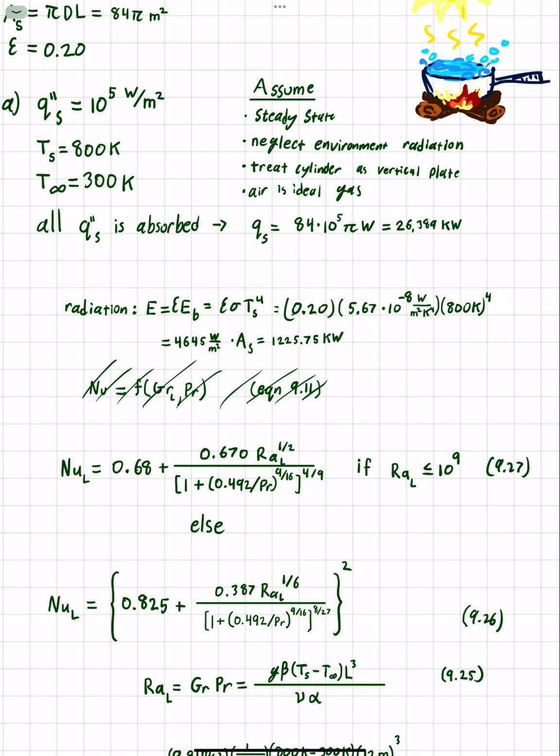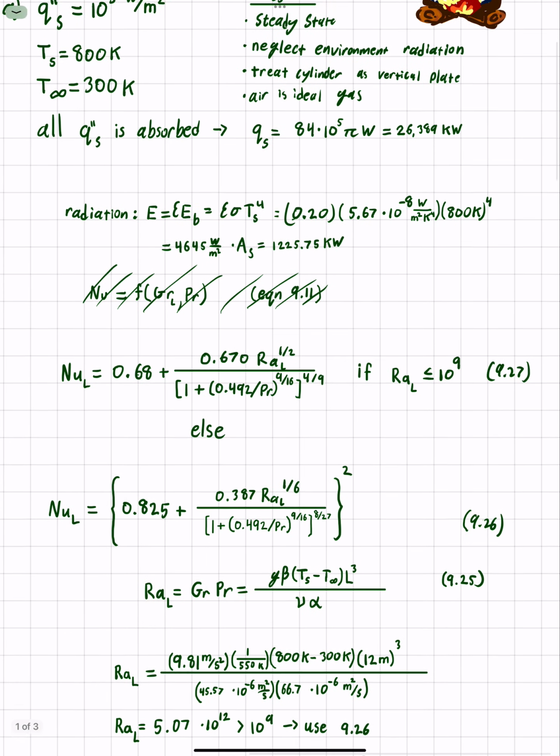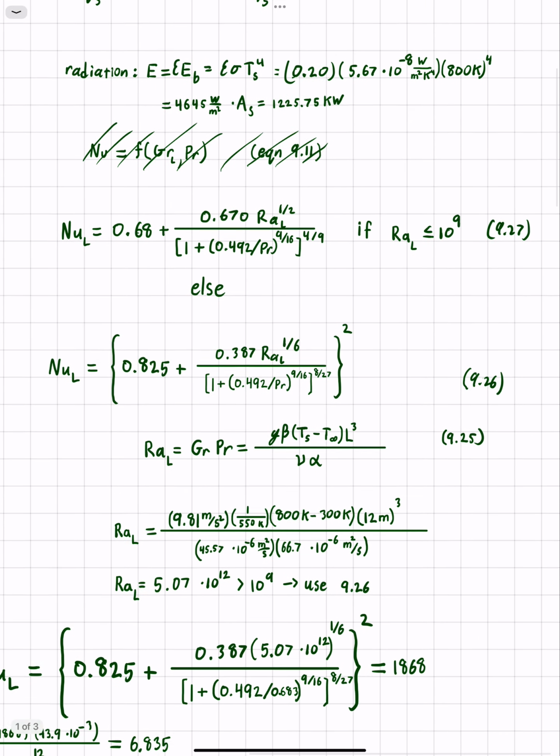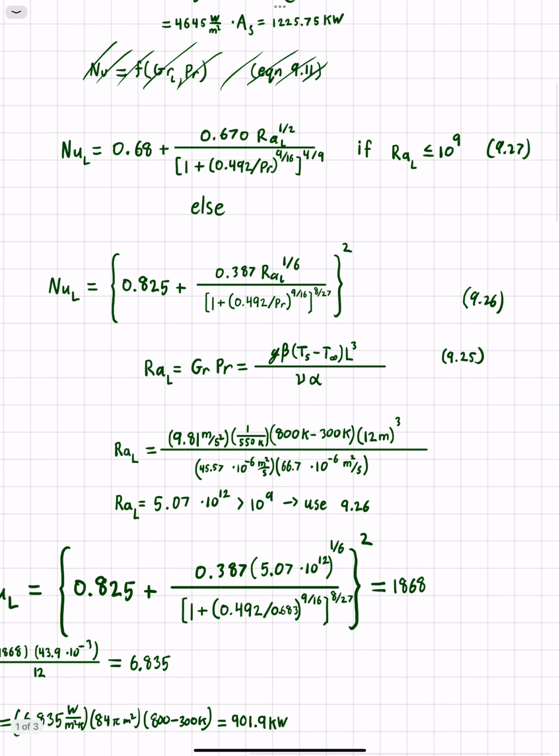Next we'll look at convection, and for convection we'll be using the Nusselt number for a flat plate. There are two possible options: equation 9.26 or 9.27. Equation 9.27 is slightly more accurate, and it is 0.68 plus 0.67 times the Rayleigh number to the 1/2, all over 1 plus 0.492 over Prandtl number, all to the 9/16th, all to the 4/9.